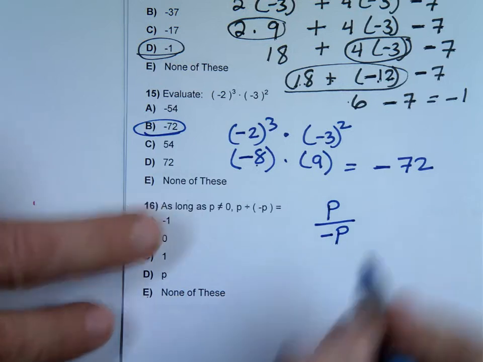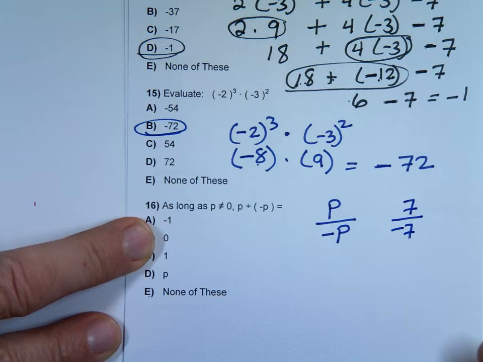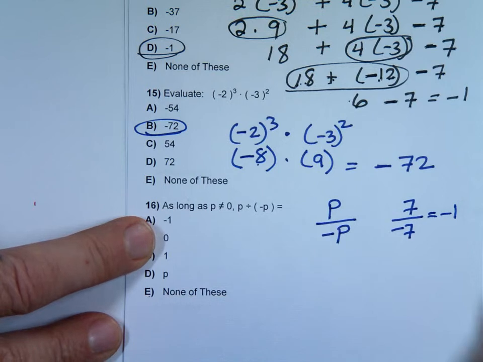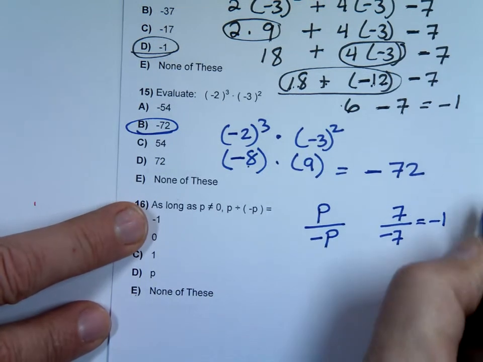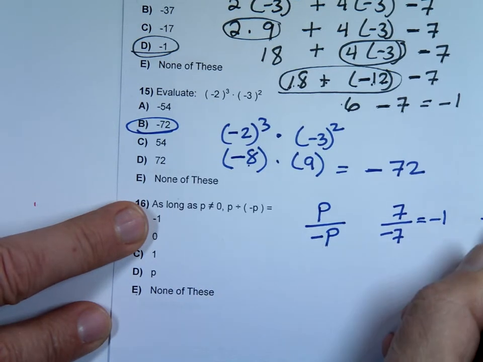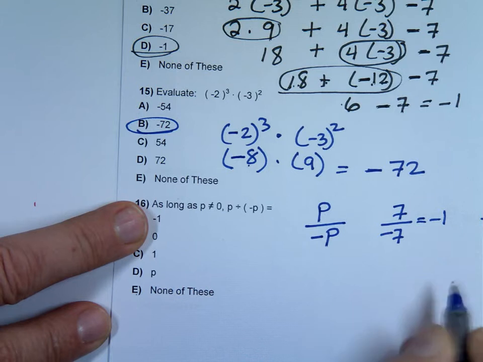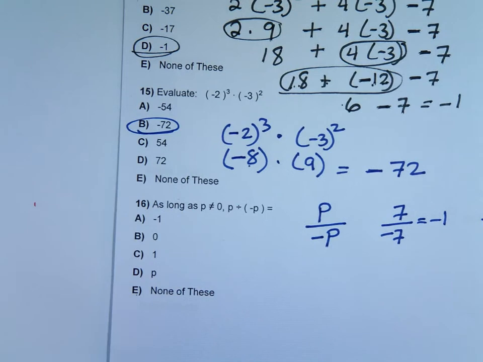What's 7 divided by negative 7? Negative 1. Somebody pick a negative number. Negative 2 divided by the opposite of negative 2. What's the opposite of negative 2? 2. What's negative 2 divided by 2? Negative 1. So a number divided by the opposite of that number is always negative 1.